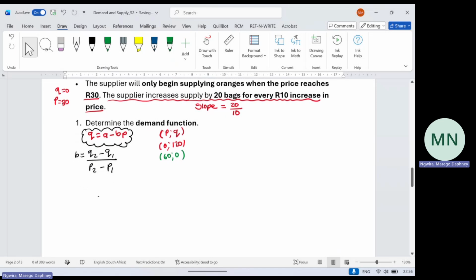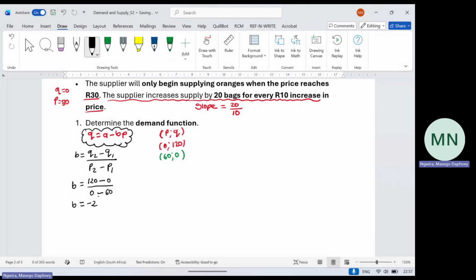So if I choose 120 to be Q2, it's going to be Q2 minus Q1, which is 0, the green one, over P2 minus P1, which is 0 minus 60. So the answer here will give us a -2.